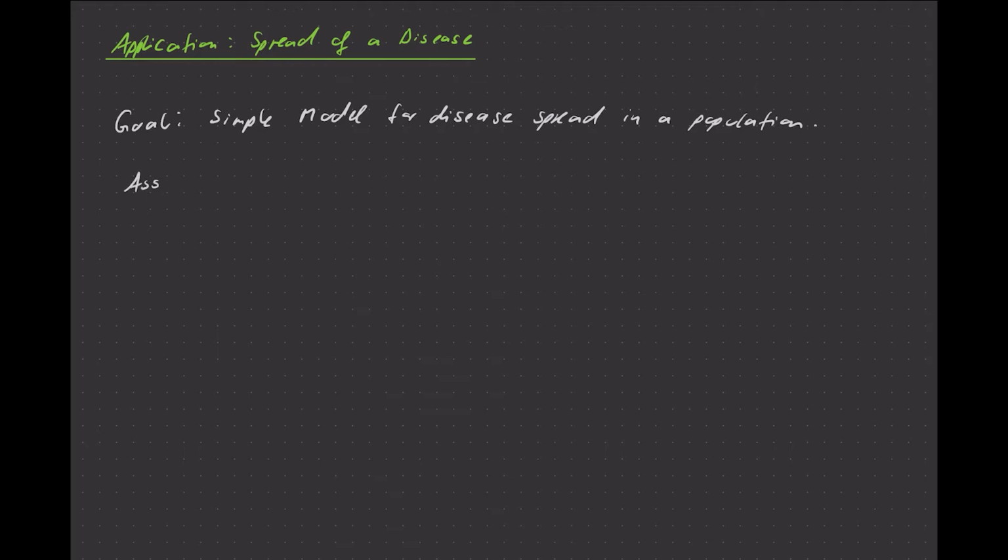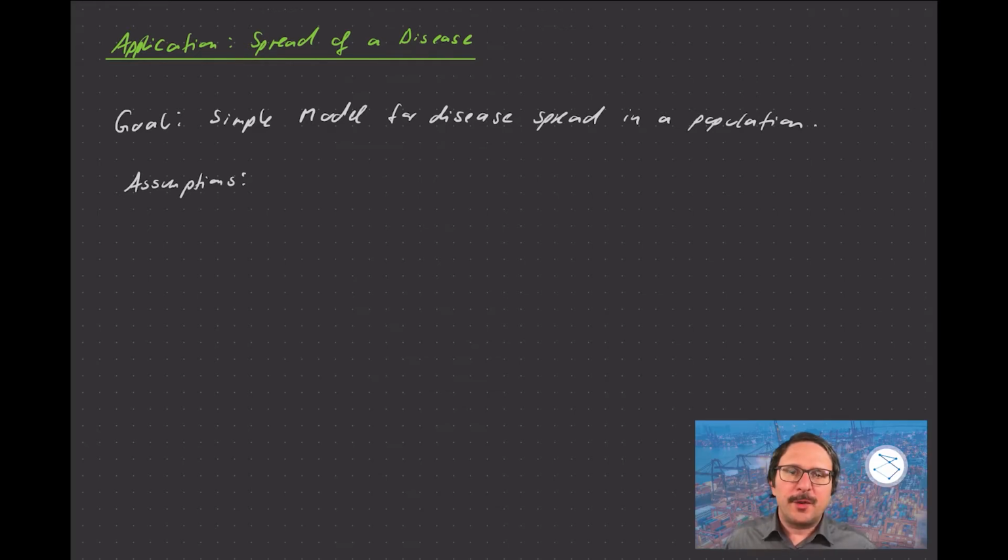And let's quickly sum up what we will assume. First, of course, we will only be interested in the number of healthy and the number of sick or diseased patients in the population. We will not be concerned with regional spread in this simple model.